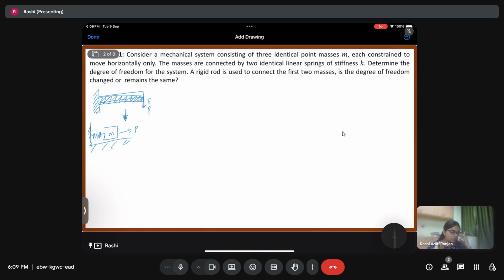First we'll study the question which says: consider a mechanical system consisting of 3 identical point masses M, each constrained to move horizontally only.